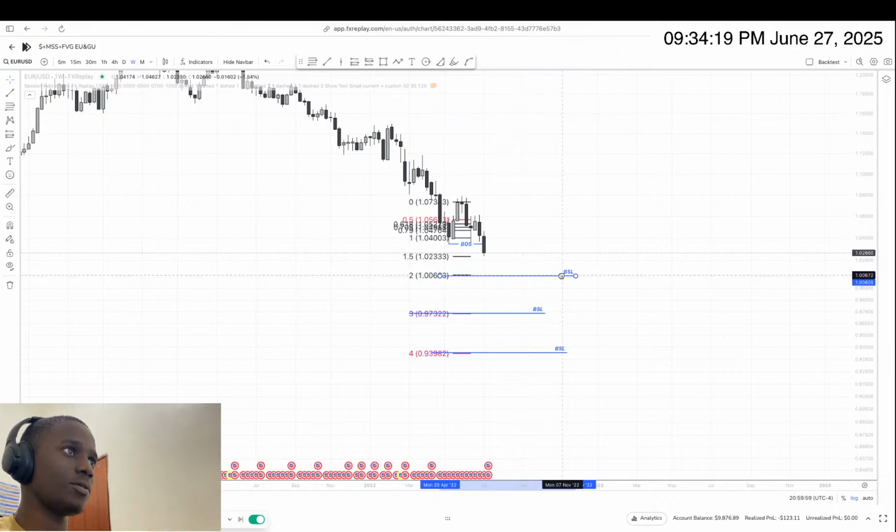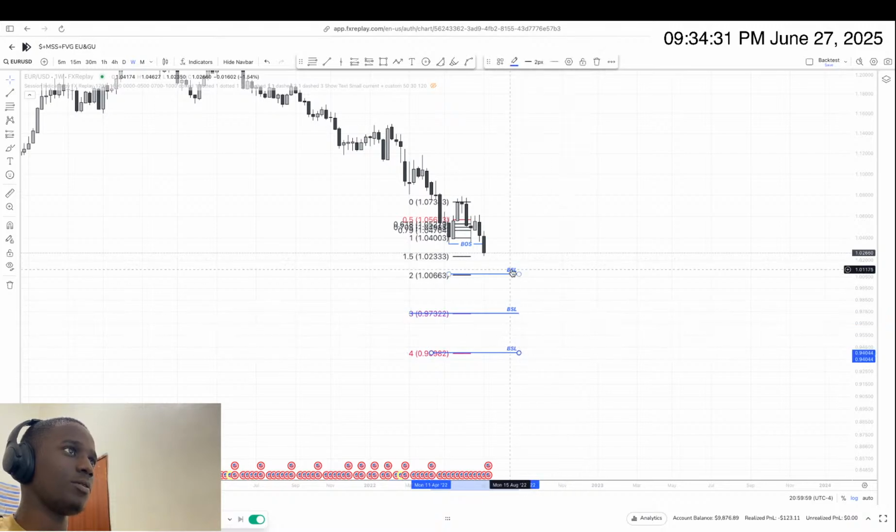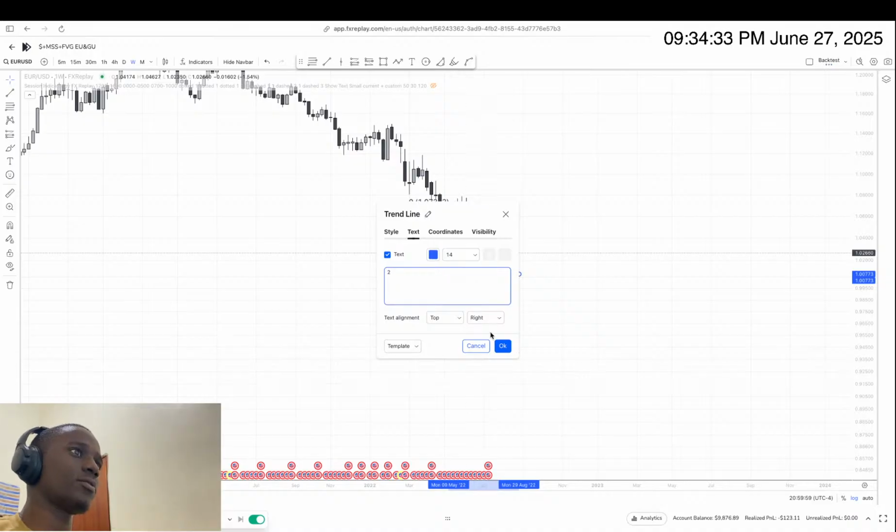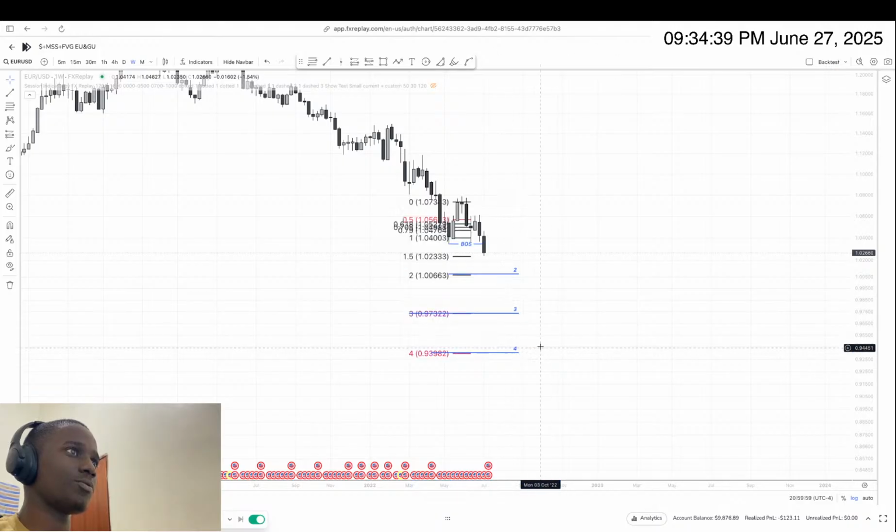So far it will be something like this, and I'll put it here, here, and here. So basically this will be the level 2 target, this one will be the level 3 target, this one will be the level 4 target in case we continue to drop, but I assume we'll reach level 2, then shift before we reach level 3.